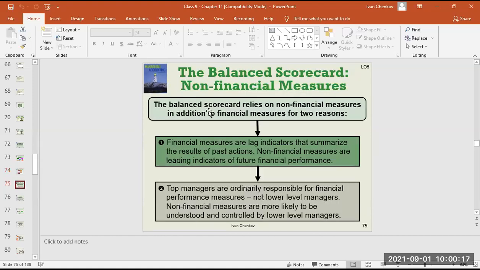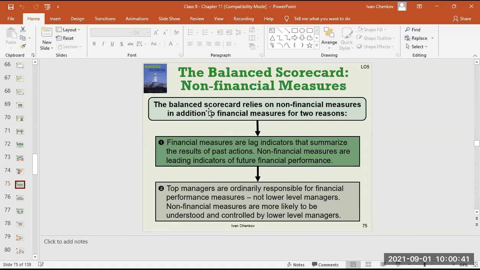Now, this balanced scorecard again relies on the financial and non-financial measures. First, financial measures are indicators that summarize the results of the past. So basically, the salary for you is something that you already did for the company. That's why you're getting the salary.